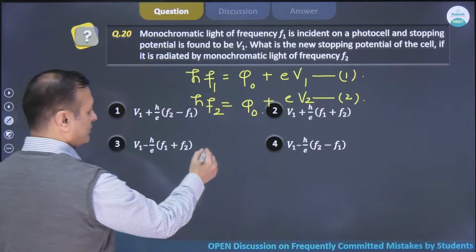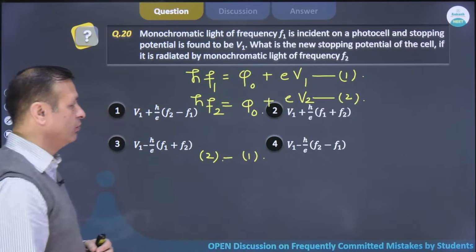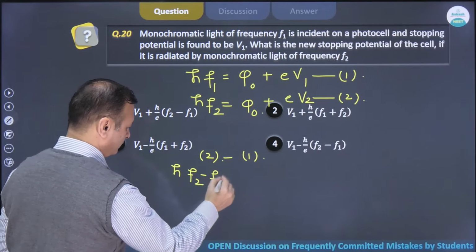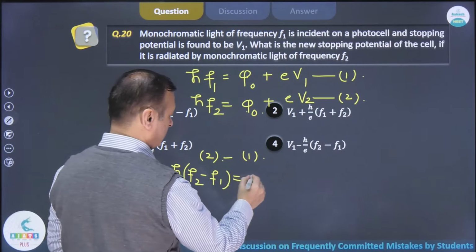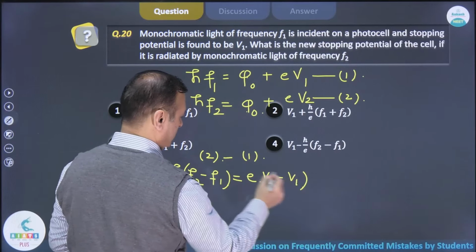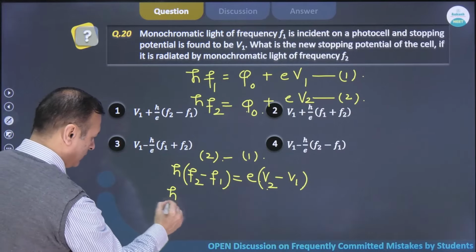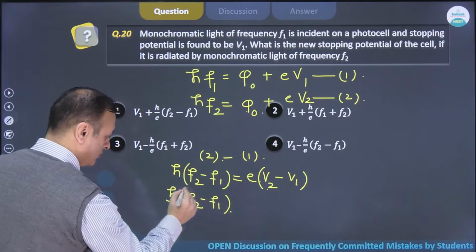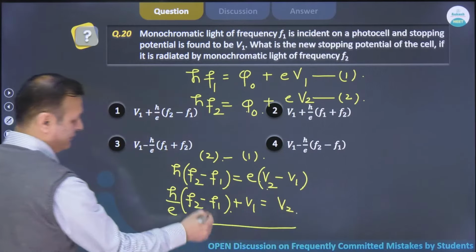So if you subtract first equation from the second one, so h into f2 minus f1, this phi naught goes, and this is e times V2 minus V1. And when you rearrange it, so h by e into f2 minus f1 plus V1 gives you the second stopping potential V2.